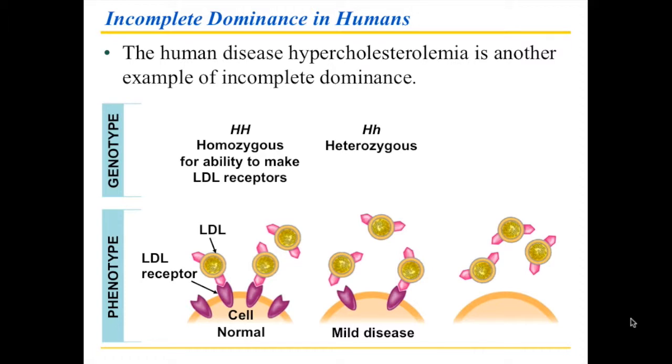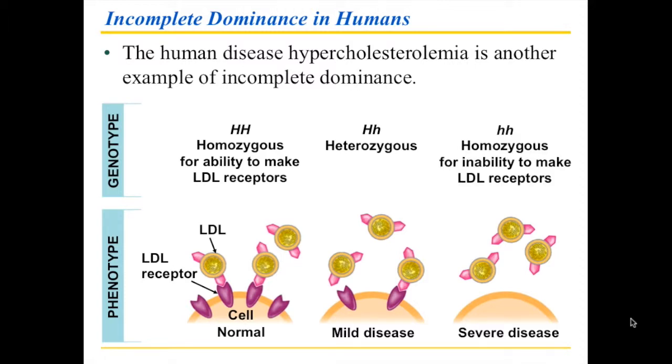So now if you are heterozygous, that means you make some of these receptors, but you only make half of them. And half of them means you have a mild case of hypercholesterolemia, which means you have to be careful what you eat. You can mediate this by having a low cholesterol diet and you'll probably be fine.